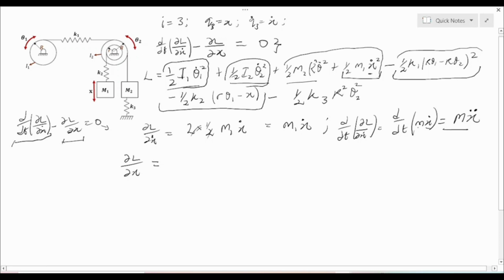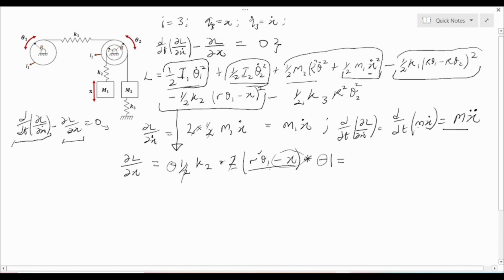So to work out this, differentiating this term with respect to x, we are likely going to get minus half k2 multiplied by 2 into brackets r theta 1 minus x. The square would have disappeared because we are multiplying by 2. Then we multiply by what we get when we differentiate the inside. The r theta 1 term disappears because there's no x there. What will be left is minus x, and when you differentiate minus x, you get minus 1. So this is minus 1 multiplying the whole of the equation.